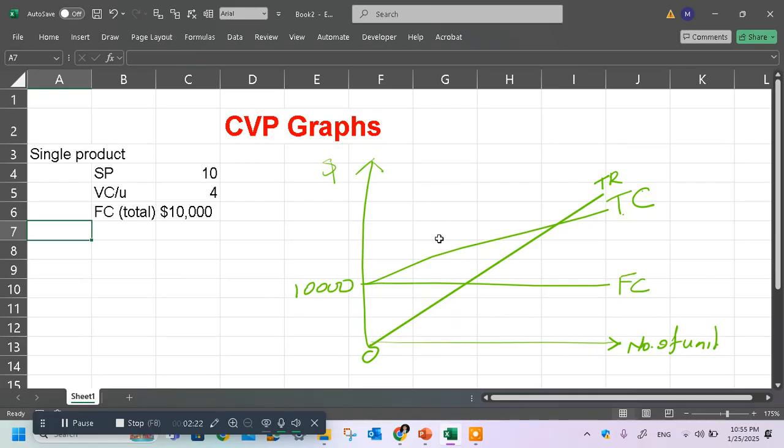If I erase total cost and draw it once again, yeah, that will be the total cost graph. Total cost.